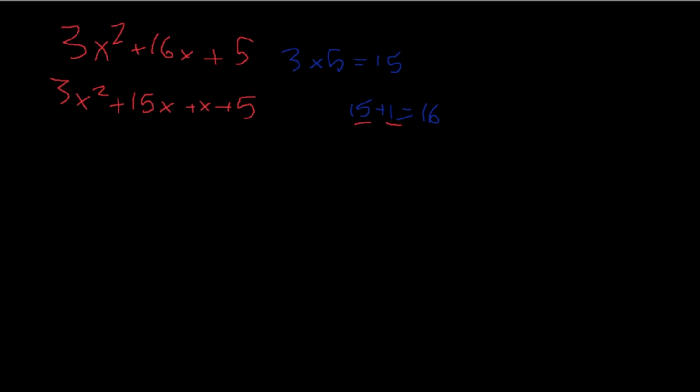We separate this and this and this and this. So we end up with 3x squared plus 15x plus x plus 5.